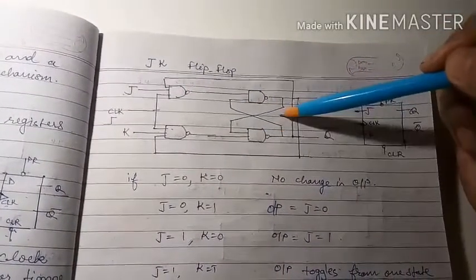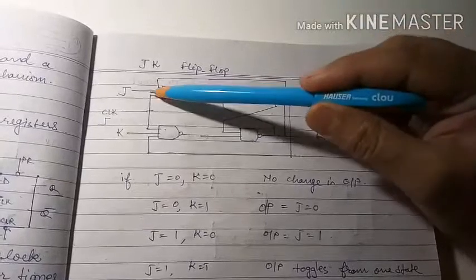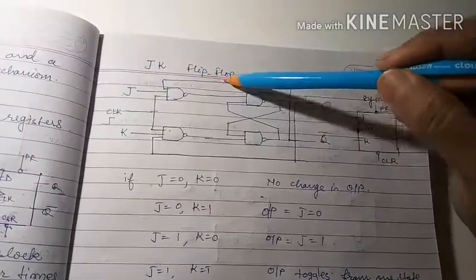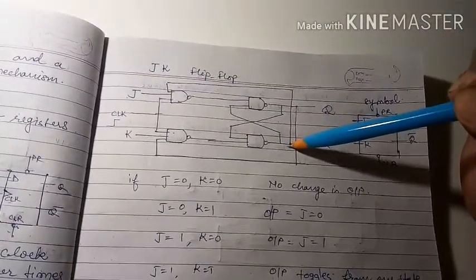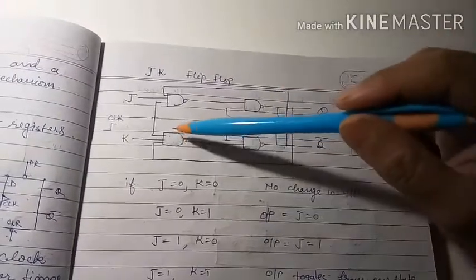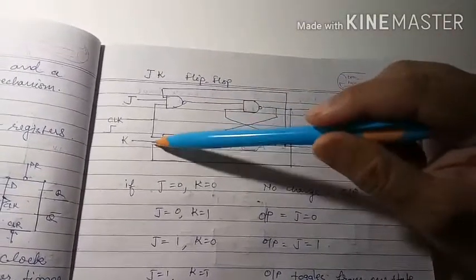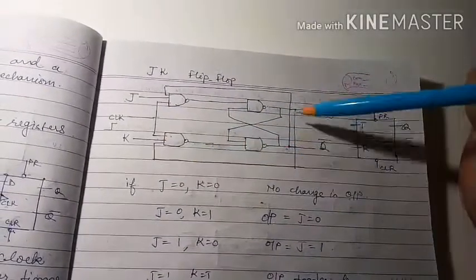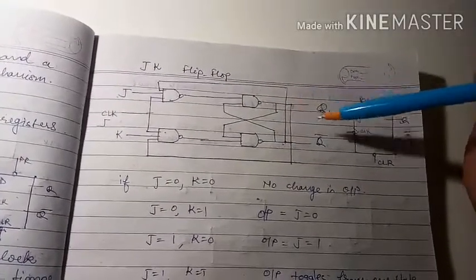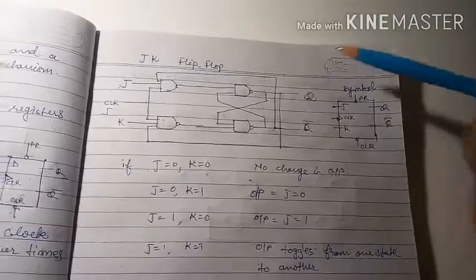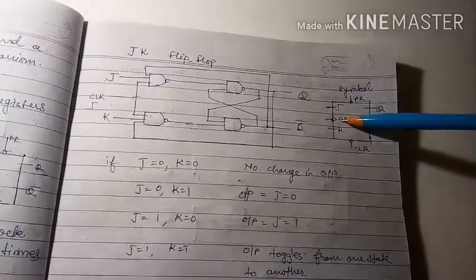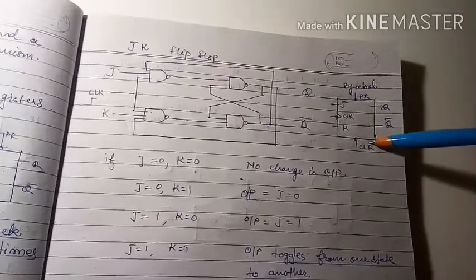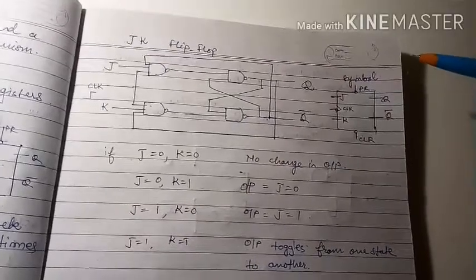This is again the NAND latch, and in the first gate one input is J, one input is clock, and the third input is connected with Q bar. Similarly, in the second gate, one input is K, another is clock, and the third one is connected to the output Q. So the symbol has J, K, clock, then preset, clear, Q and Q bar. The role of preset and clear is the same as we have seen in the D flip-flop symbol.